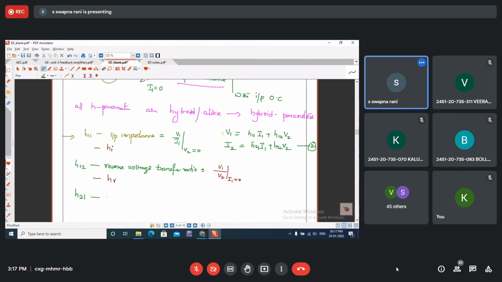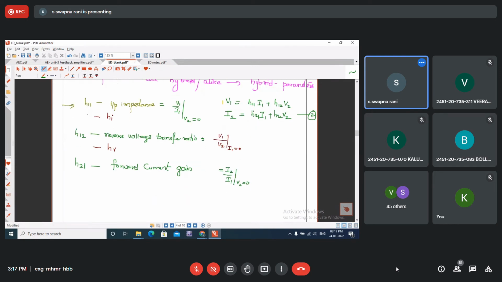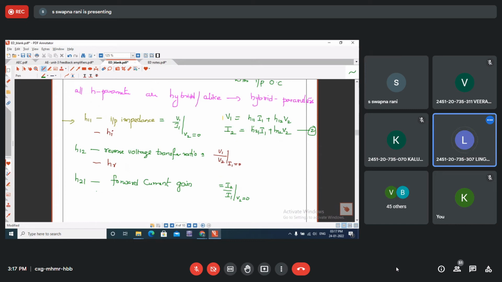And the next one is H21. From the second equation, I can write H21 as I2 by I1 with V2 equal to 0. This we called the forward current gain. How will you denote this? HF. Yes, very good, HF, forward. The last one is H22.